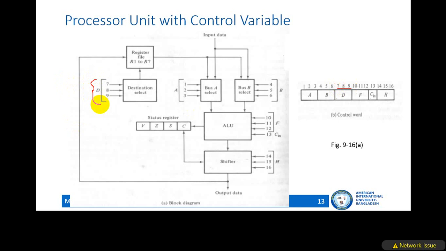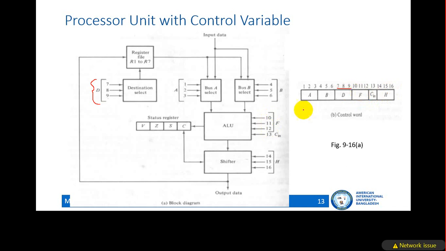Next, look at the control one, the function bits 10, 11, and 12. What operation are you going to perform? In our last class, we saw 8 arithmetic operations and 4 logic operations. So by using these 3 bits, bit positions 10, 11, and 12, you can specify what particular operation you are going to perform.